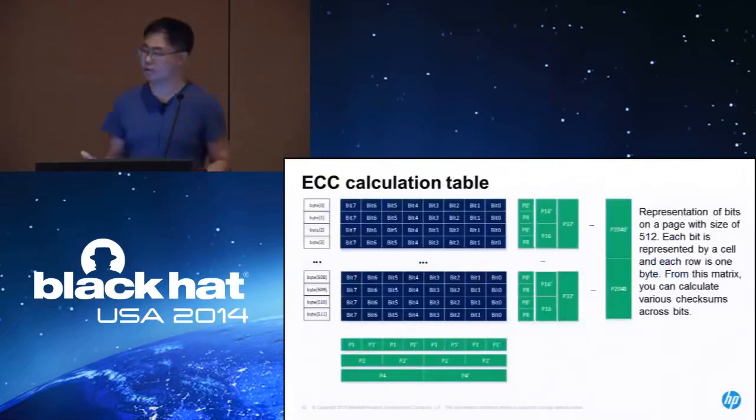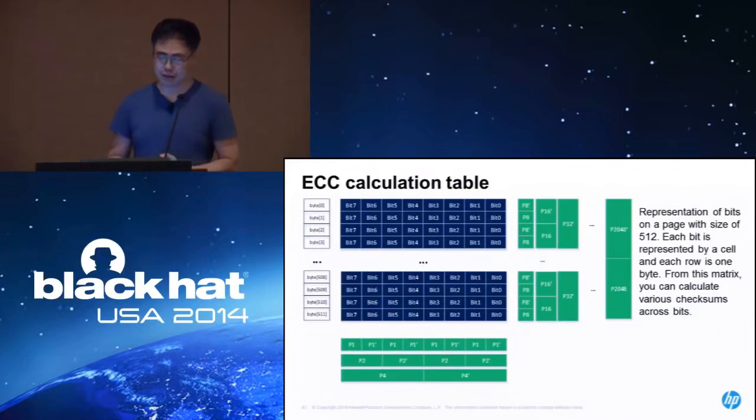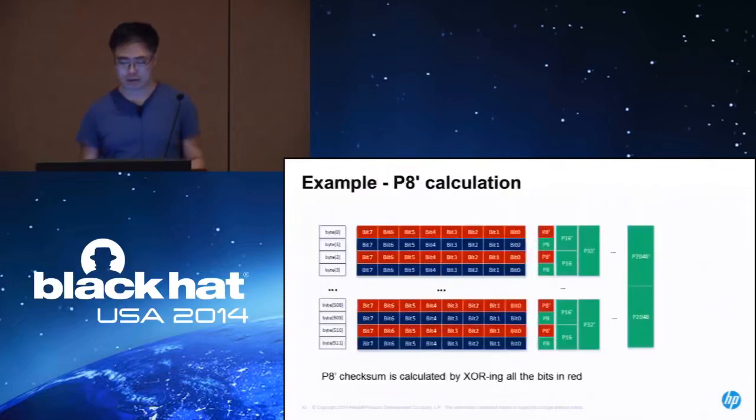So this table shows how this concept works for modern NAND flash memories. For this one, it is using a 512 byte page size, and each bit is represented as one cell here. Each P here, these blocks P8 apostrophe, P8, P16, and P1, 2 and 4, are representing each of the hashes, the parity bits.